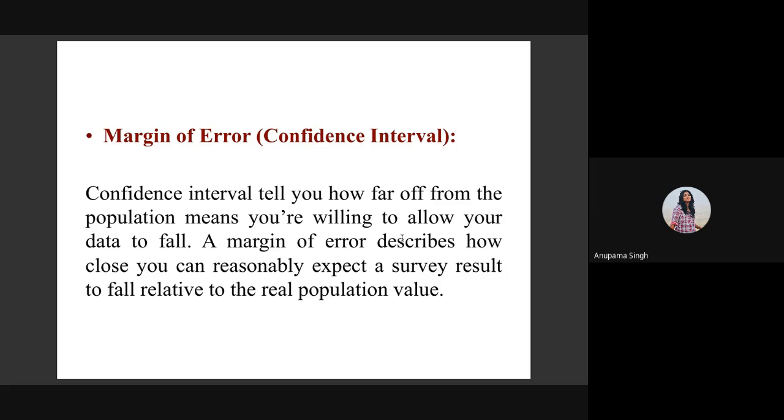So margin of error is actually about error. You'll have to know in what aspect you are taking your error, right? When we were talking about average height, the term that we are using is average.